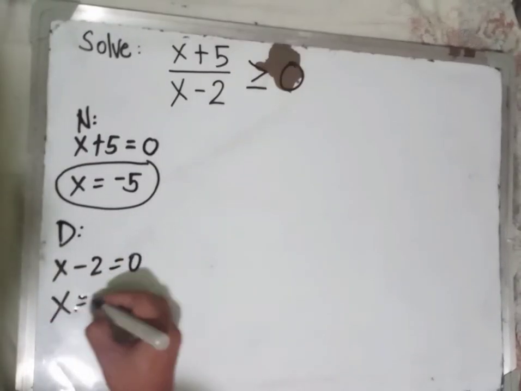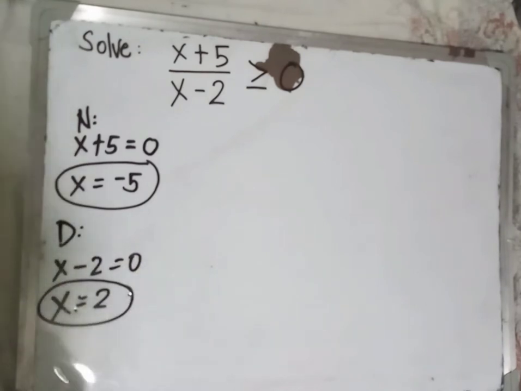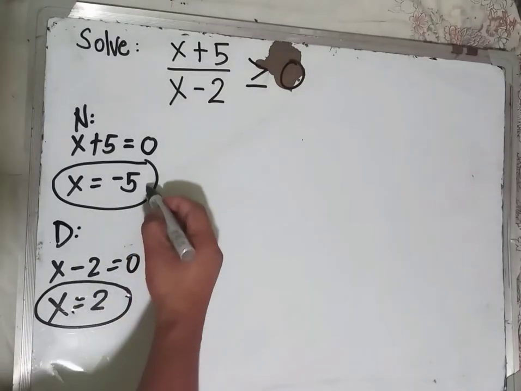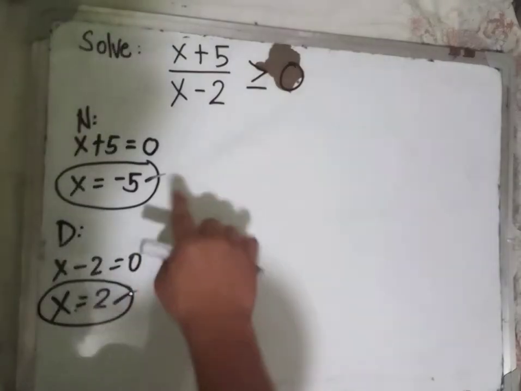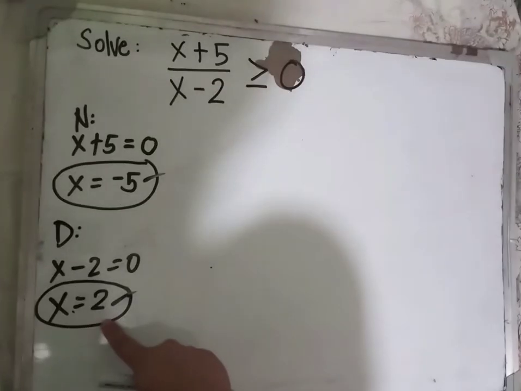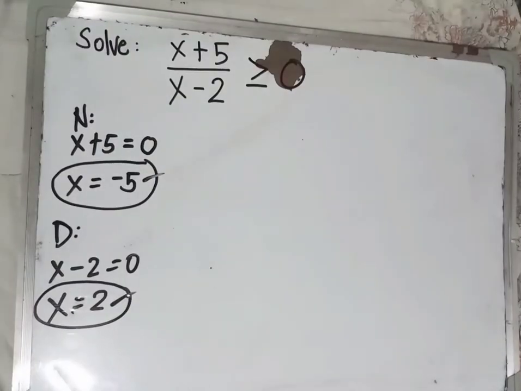Then x equals positive 2. So the two meaningful numbers are negative 5 and positive 2. Negative 5 makes the numerator equal to 0 and ang positive 2, it makes the denominator equal to 0.